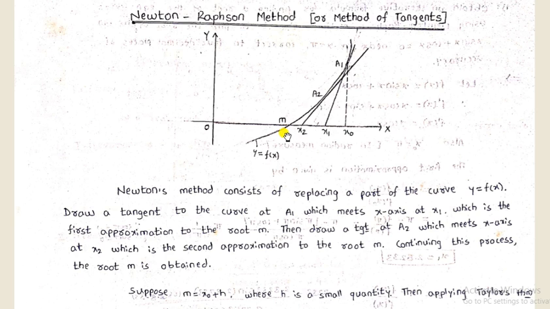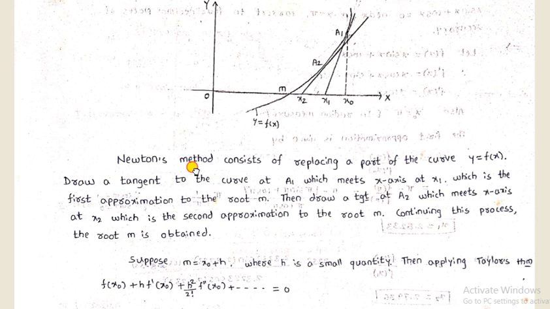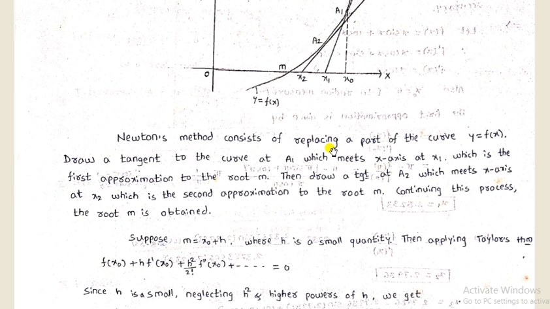We'll continue the same process to draw the tangents until we reach the point m here. So this point m is called the real root. The Newton-Raphson method consists of replacing part of the curve y equal to f of x by drawing the tangent to the curve at a1, at a2, a3, etc., till we reach the point m.